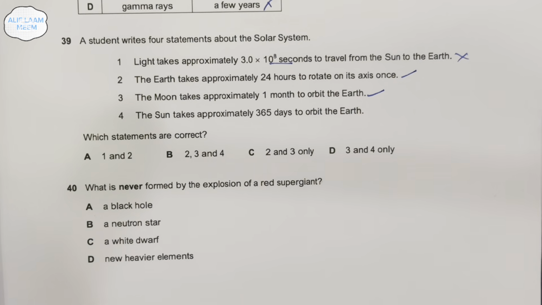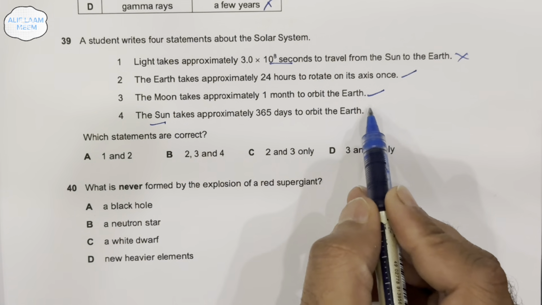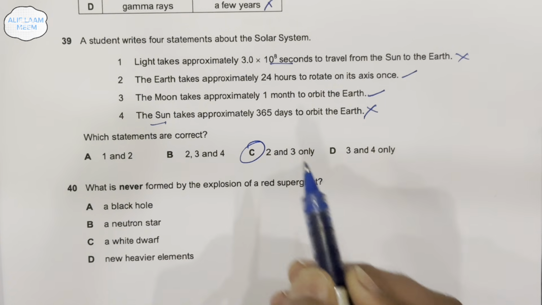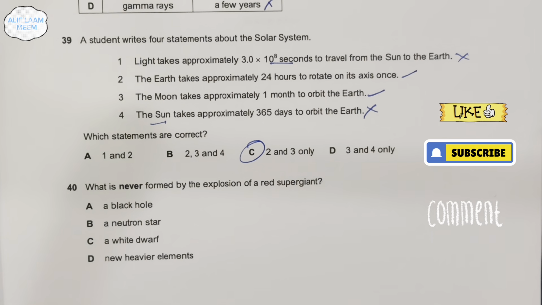The moon takes approximately 1 month to orbit the earth, this is the right option. The sun takes approximately 365 days to orbit the earth. No, the sun doesn't orbit the earth, the earth orbits the sun, so this is the wrong option. You need to read the statements carefully to identify which are correct. So options 2 and 3 are the right statements.